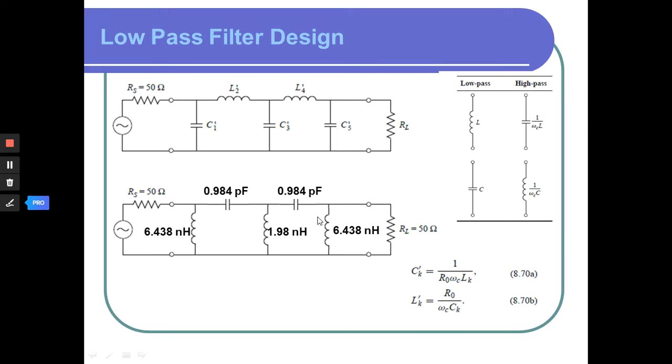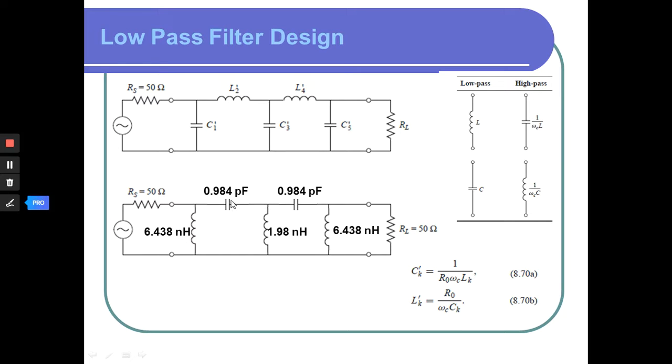And to calculate this one with the G values, because LK and CK, they are actually G, I already have told you. We can replace for L1, this becomes L1, right? So for L1, we can use R naught omega C G1.